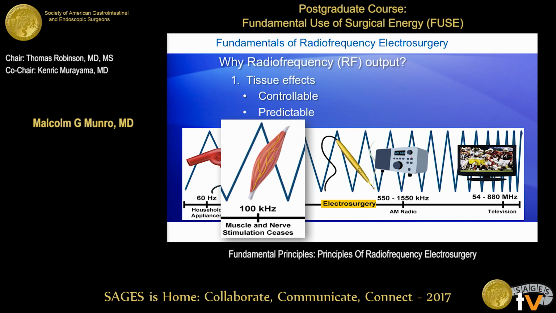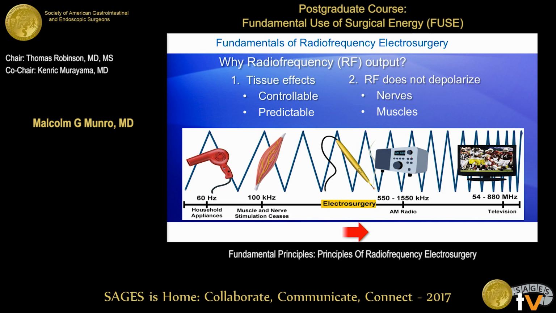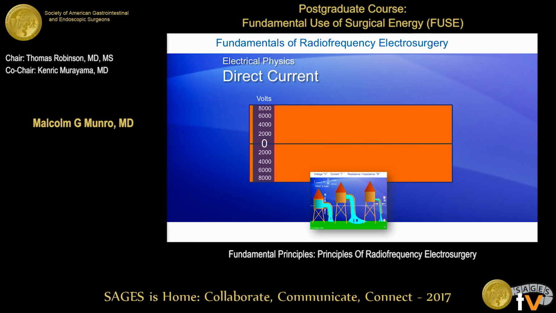Well, we can control and predict the tissue effects, but the oscillation rate of those ions is such that those calcium and sodium and other channel ions will not even recognize it, so you won't get depolarization. It's too fast for those ions to recognize the switch. So depolarization really doesn't occur for nerves or for muscles. Now, you'll say, wait a minute, why do I get fasciculation? And I can talk to you about that, but basically that's why you don't get it.